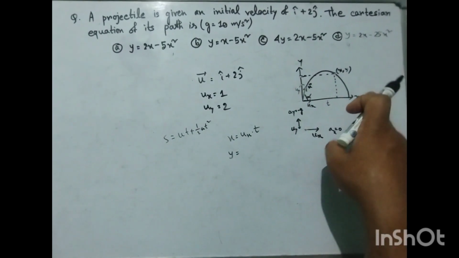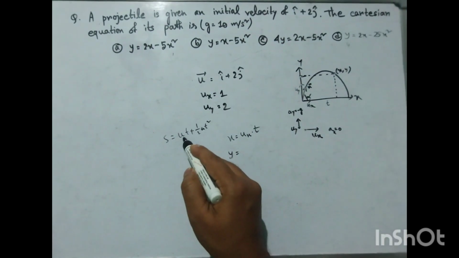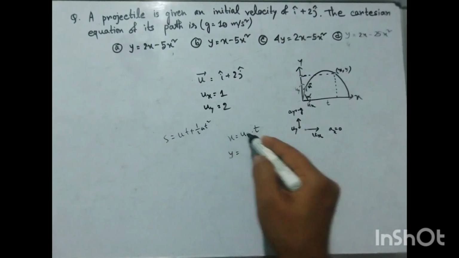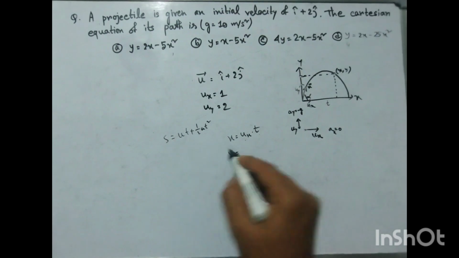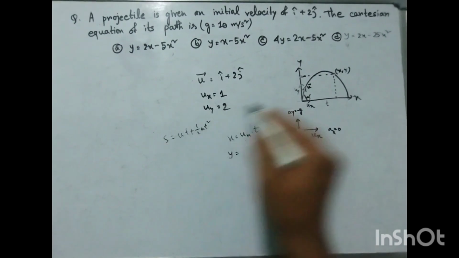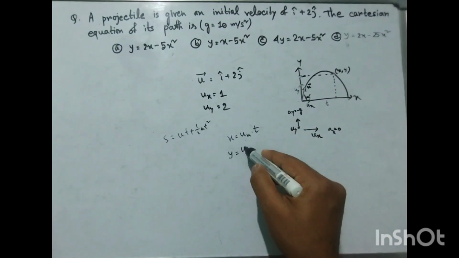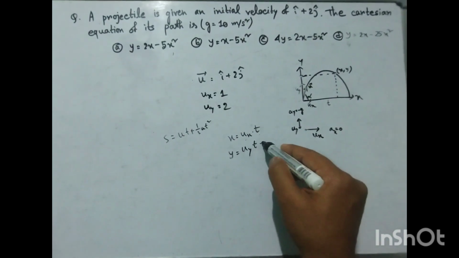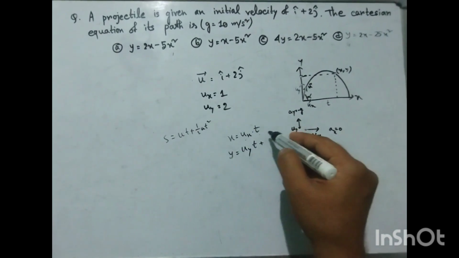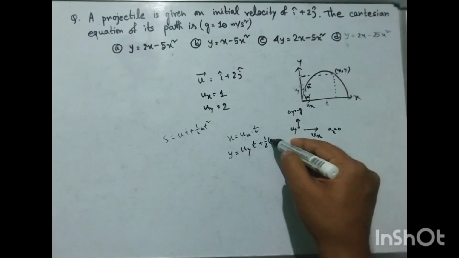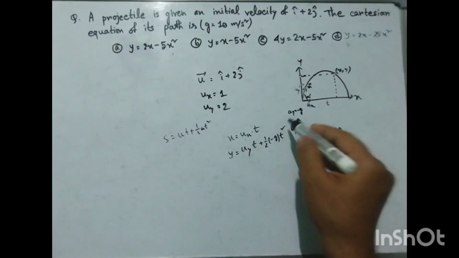Along the x-axis, s is ux into t, since a is equal to 0. And along the y-axis, y will be the distance it covers: y will be uy into t plus half ay t square, and ay is minus g, so minus half g into t square.